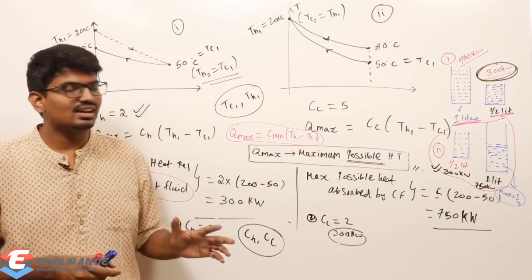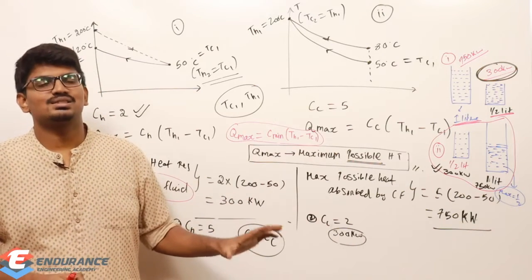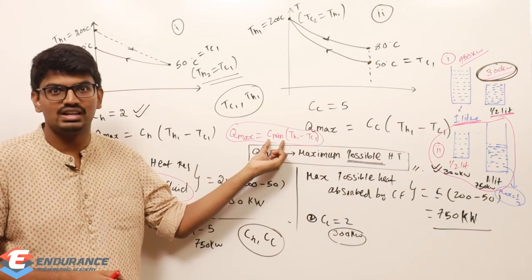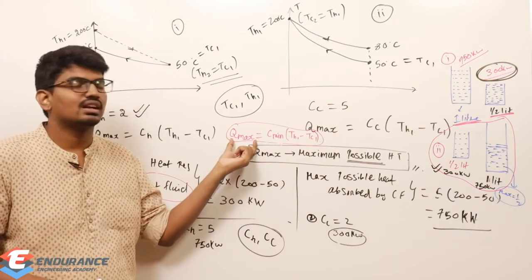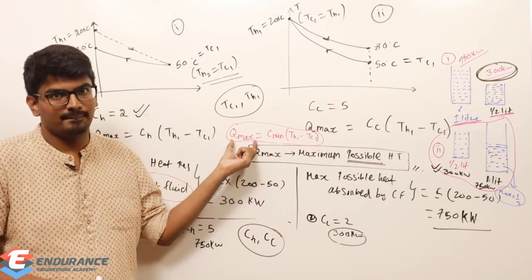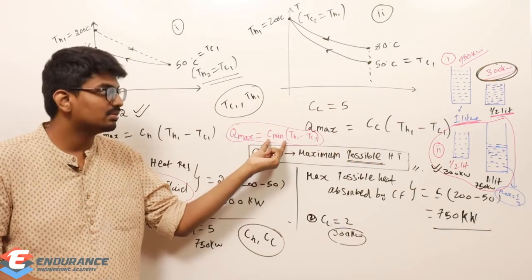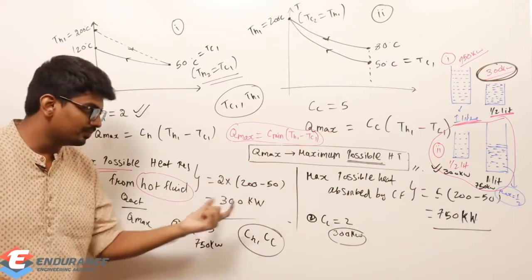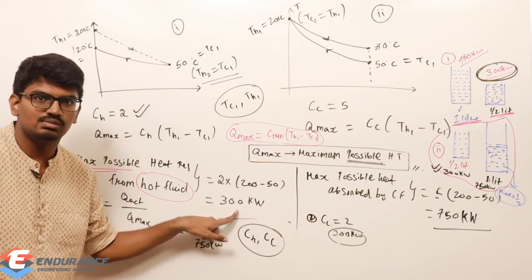Finally, I found this particular logic, which clearly explains why I need to choose the minimum heat capacity value for finding the maximum possible heat transfer. Why? Because if the heat capacity value is minimum, only then will the heat transfer value be minimum.